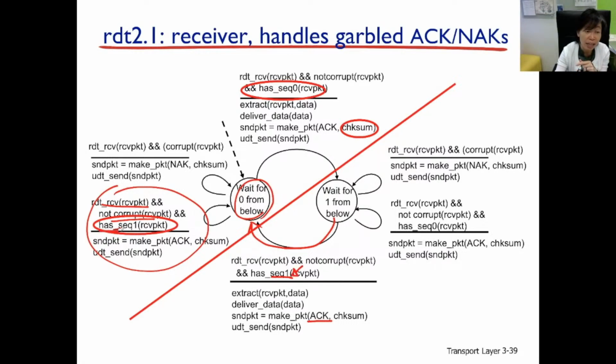And therefore, we get a duplicate packet here. So if that's a duplicate, no, we don't extract the packet, and we don't deliver the same thing again to the application layer. So you see here, the only action we'll be taking is to generate the acknowledgement and send it back to the sender.